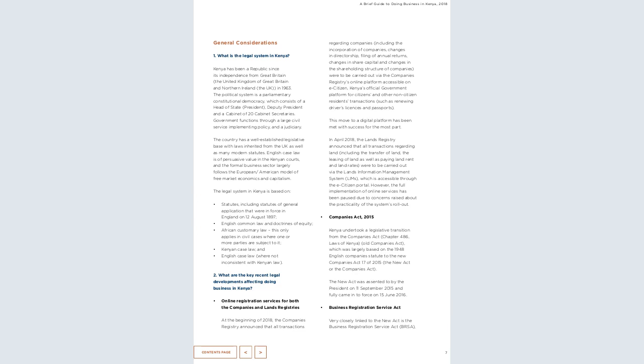So English case law that was not inconsistent with Kenyan law. Now, we ask ourselves, what are the key reasons legal developments are affecting the doing of business in Kenya?